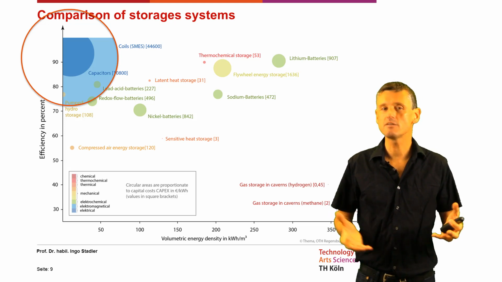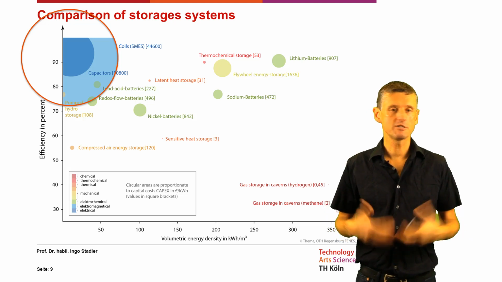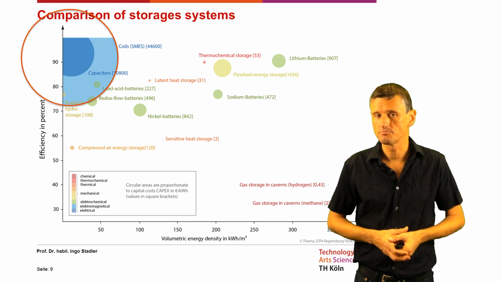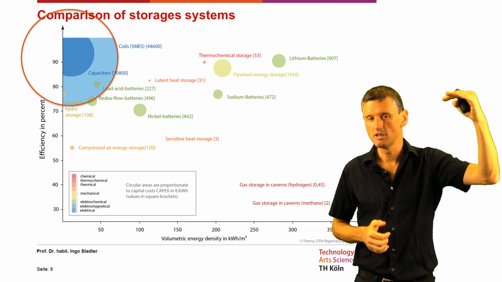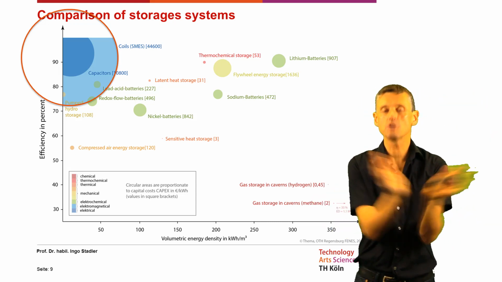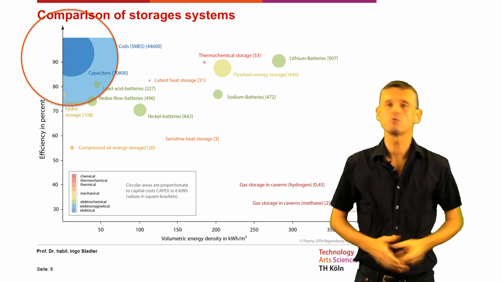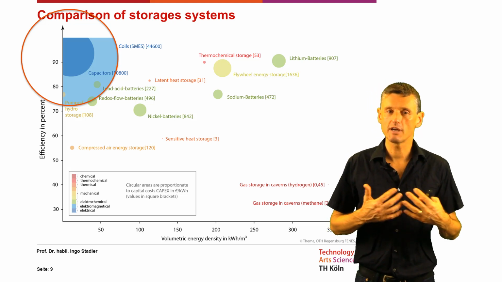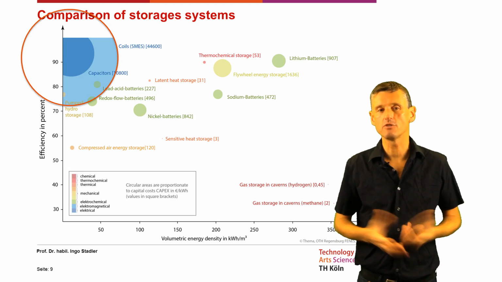When we start with that big blue area, that is an exceptional position. It is the pure electrical systems like capacitors. They have the highest efficiency of all stores, but the lowest energy density, and you see the cost is tremendous. So they are not really used to store energy, they are more used to deliver quite a high power for a short time. That is their field of application.